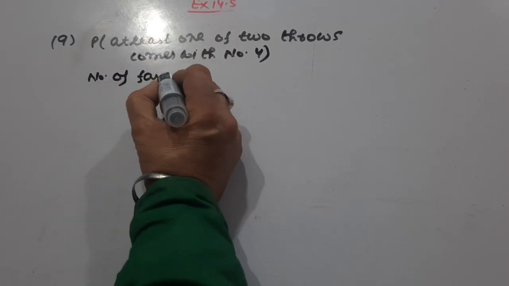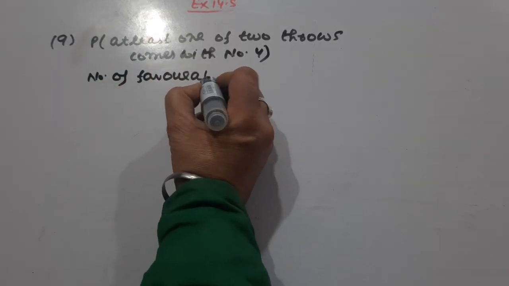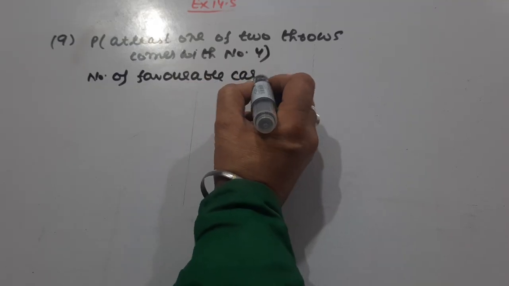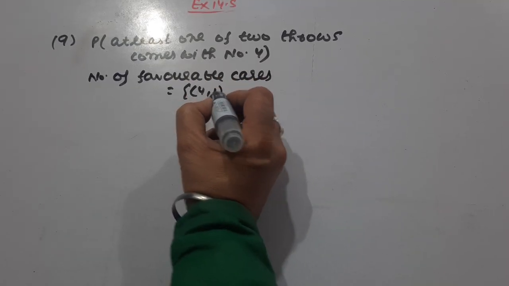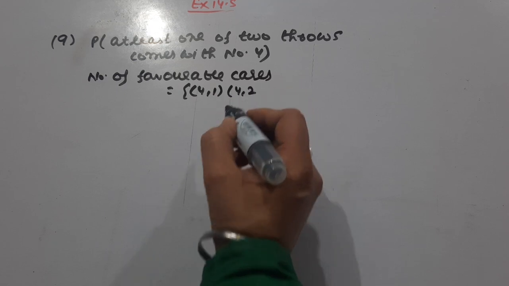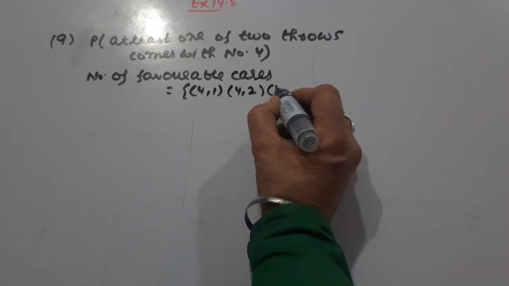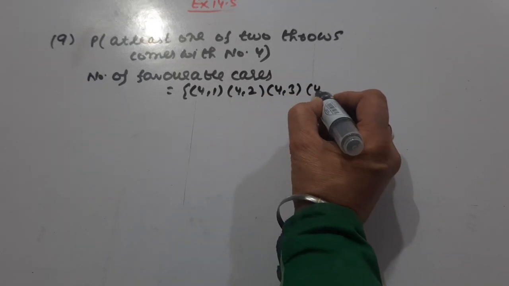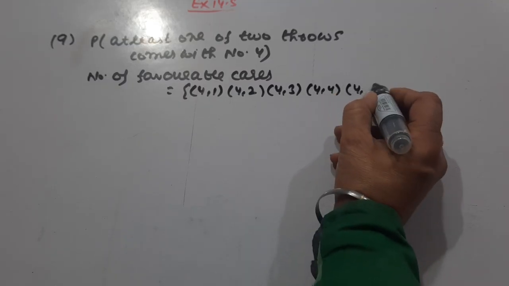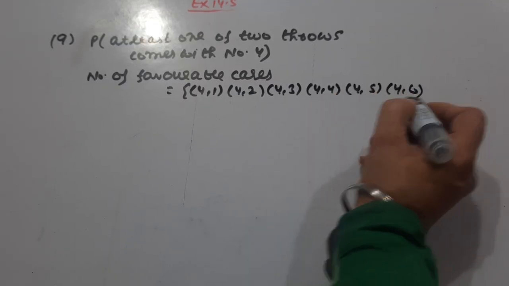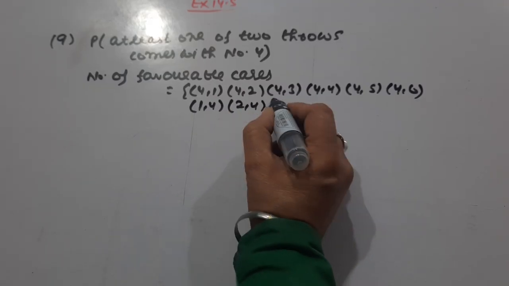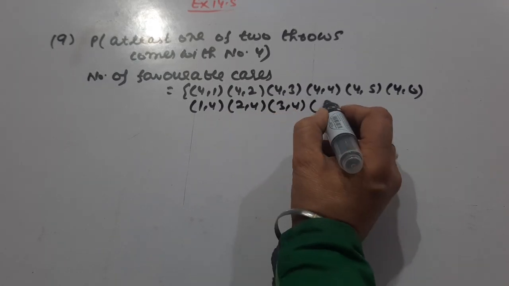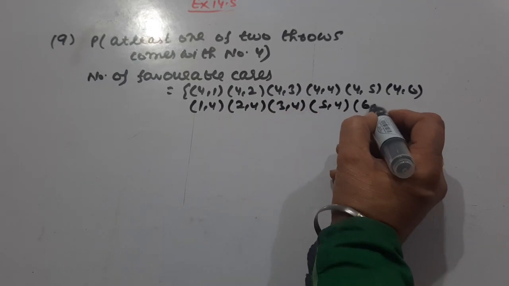So here number of favorable cases are equal to, we can write 4 1, 4 2, 4 3, 4 4, 4 5, and 4 6, or 1 4, 2 4, 3 4, 5 4, and 6 4.